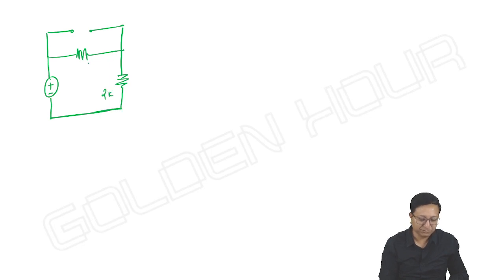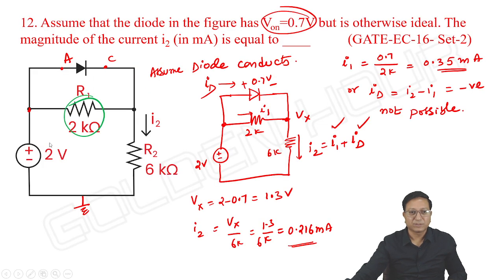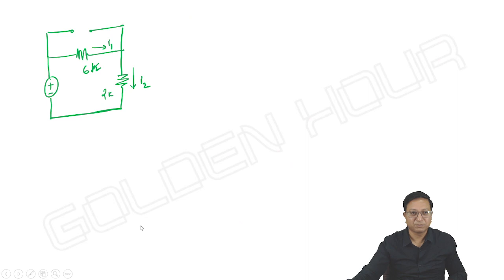So 2 volts, 2K, 6K, and I2 and I1 are both one and the same.